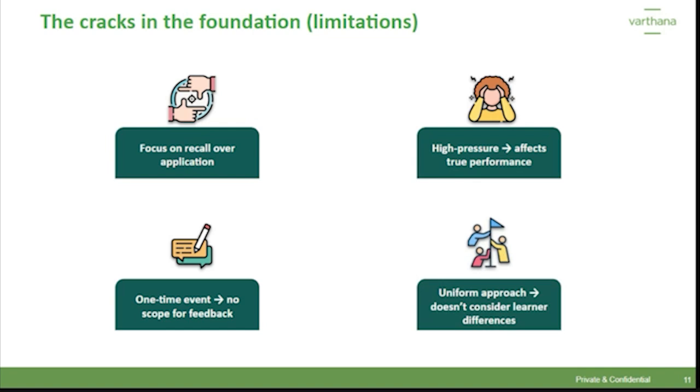The fourth one is equity concerns and also bias. Traditional tests can unintentionally disadvantage students from diverse backgrounds, those with different learning styles or learning disabilities. So it creates a kind of bias.